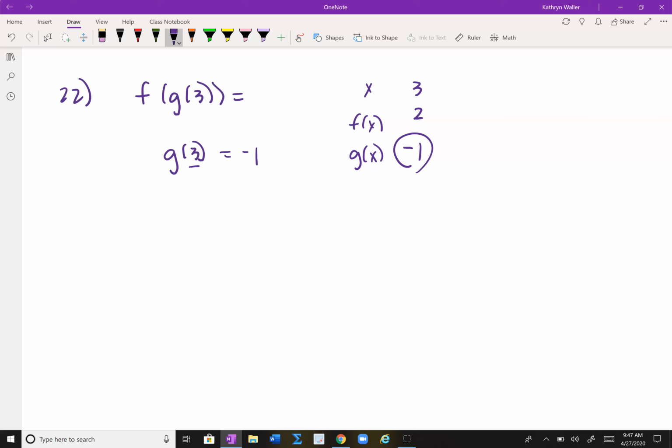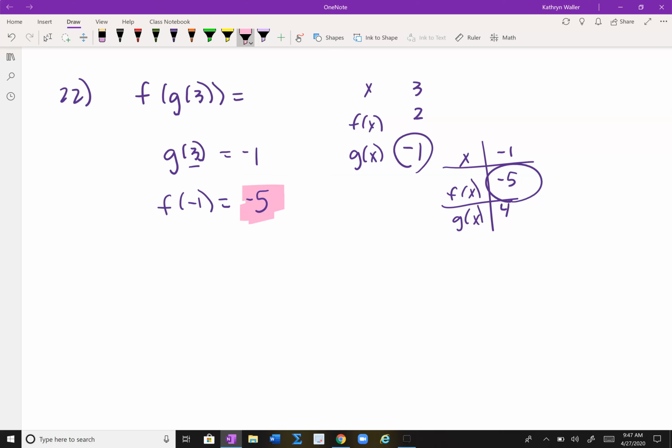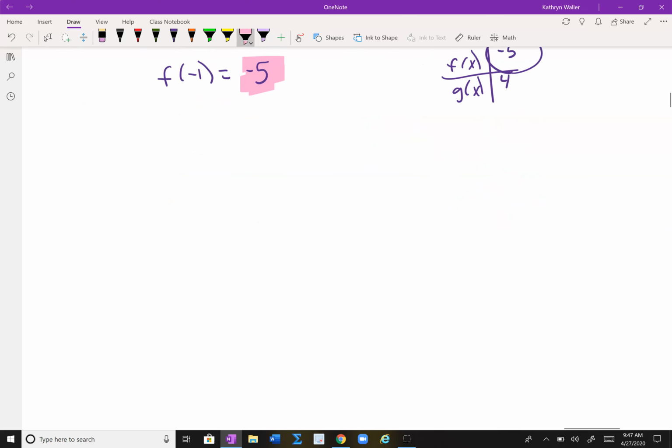So I know g of 3 is negative 1. Now I have to find f of negative 1. So I'm going to go to the column that looks like this. When x is a negative 1, your f of x is a negative 5. That's it. Okay? All right.